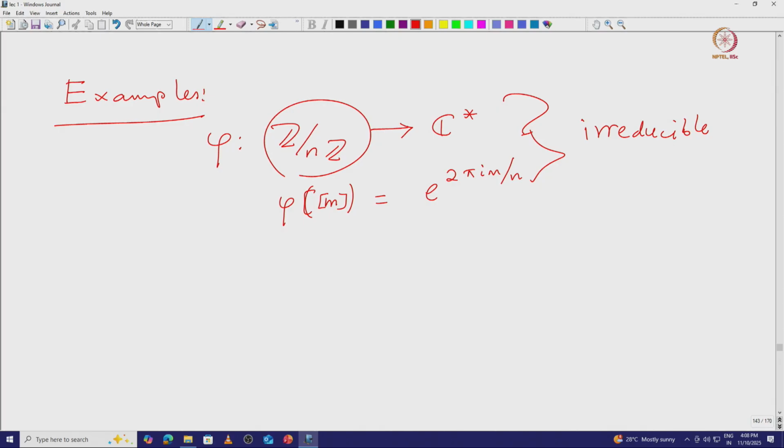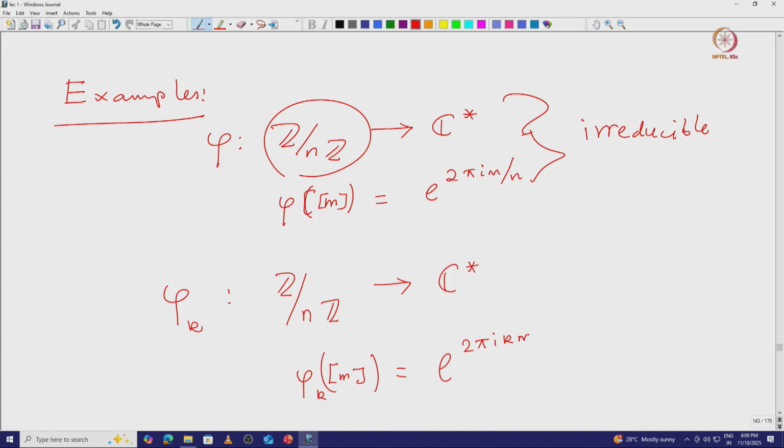Similar to this, one will be able to define for any k a representation of Z modulo nZ. All we need to do is take instead of e^(2πim/n), just multiply by k, so the image is given by e^(2πikm/n).